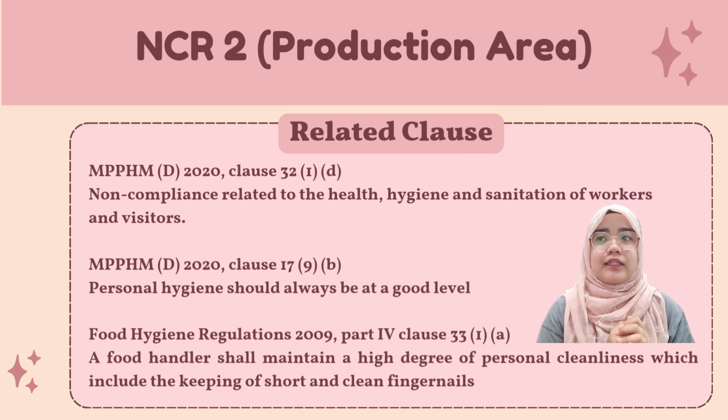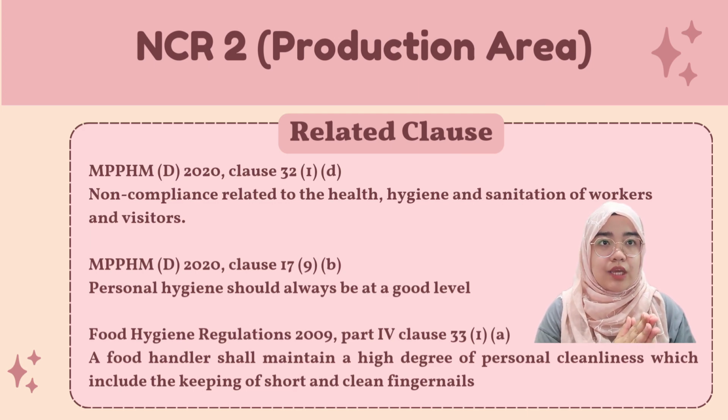It states that under the non-conformance, the non-compliance is related to the health, hygiene and sanitation of workers and visitors. It also relates with MPPHM Domestic 2020 Clause 17 9B, which says that personal hygiene should always be at a good level.